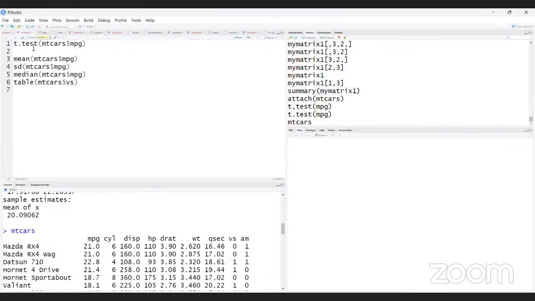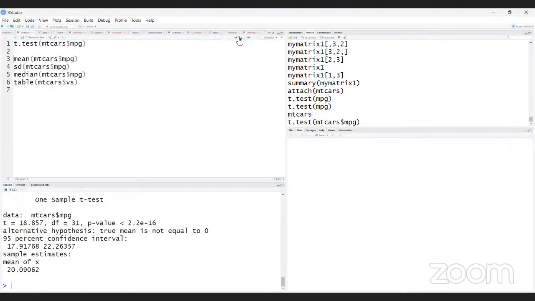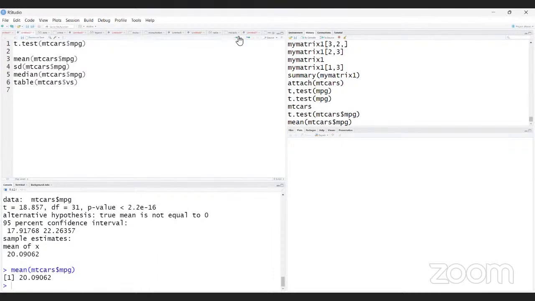So this is the command. So mtcars is the data frame and MPG is one variable. So I am just writing t.test mtcars dollar MPG. And after that, I run this command.